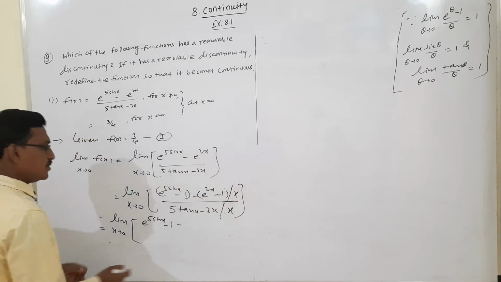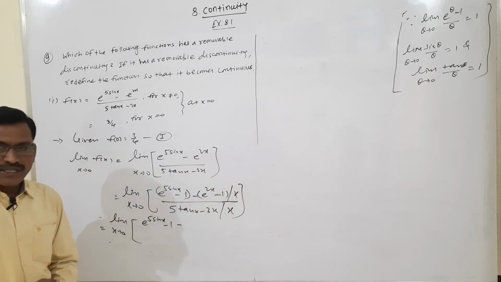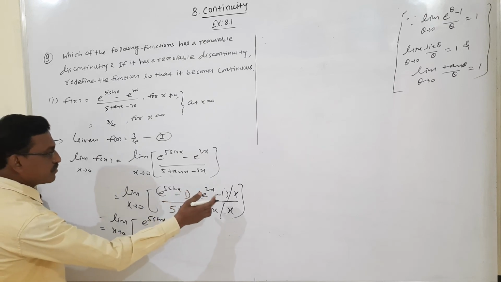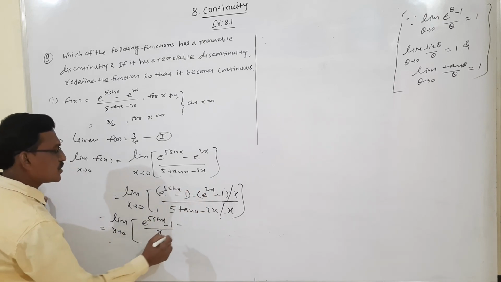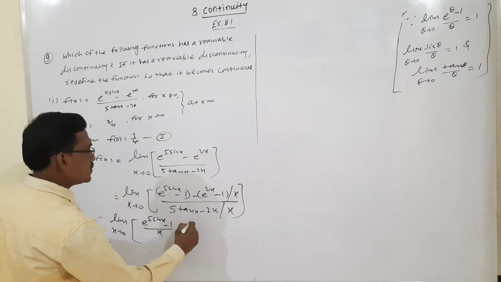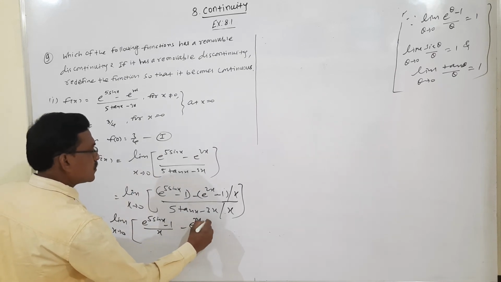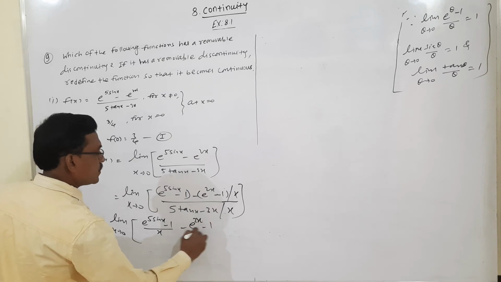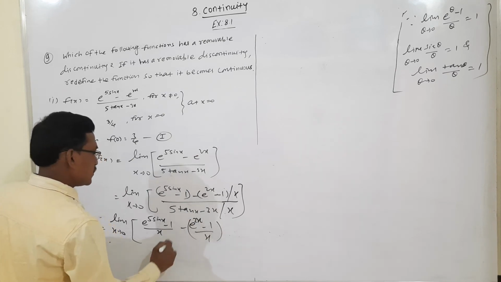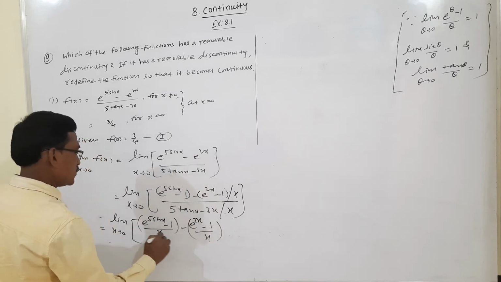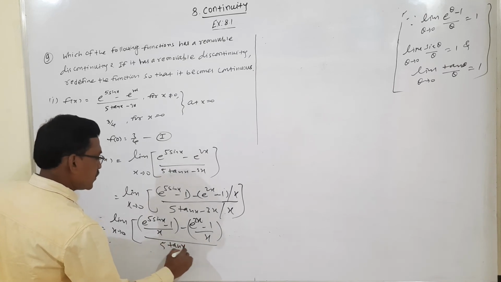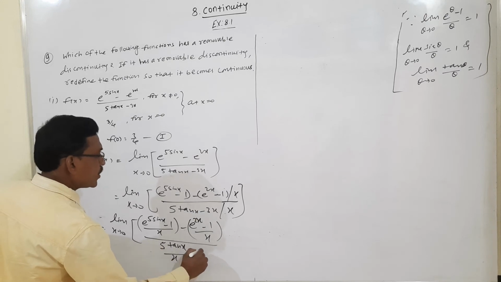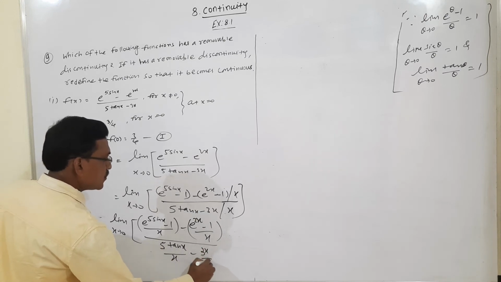Now we divide this separately by x to each term, x, minus e raised to x minus 1 divided by x here, whole divided by 5 tan x divided by x minus 3x divided by x.